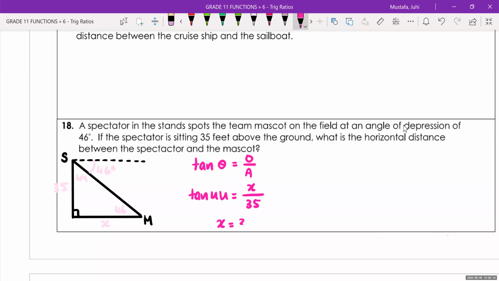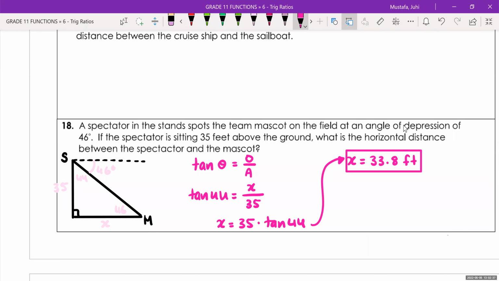And then x would just be 35 times tan 44. And so I get x to be 33.8 feet. That'd be our final answer.